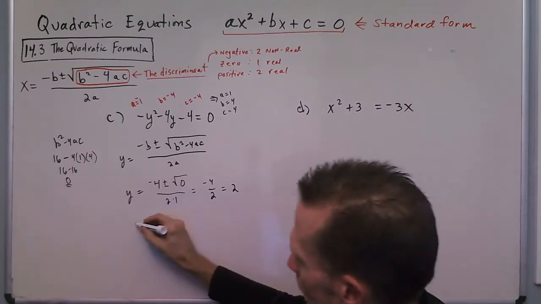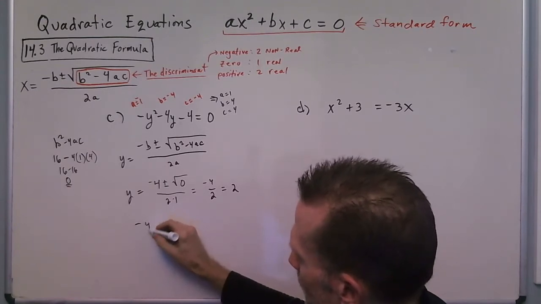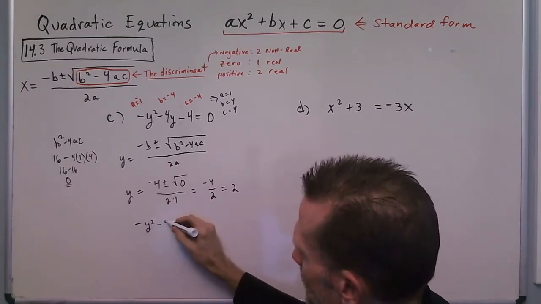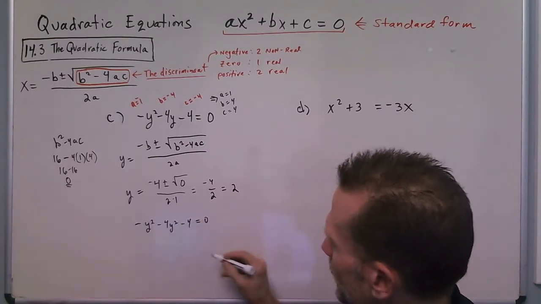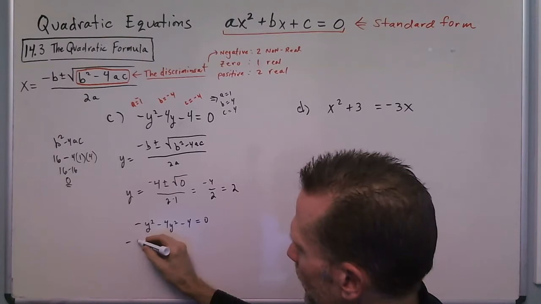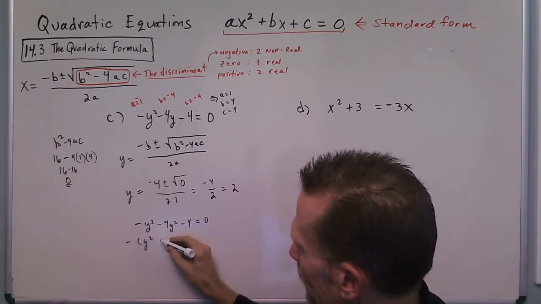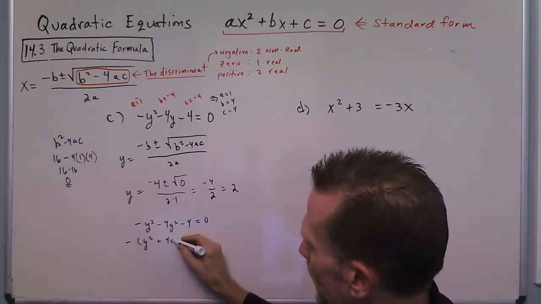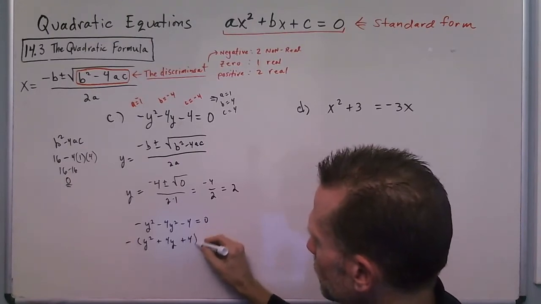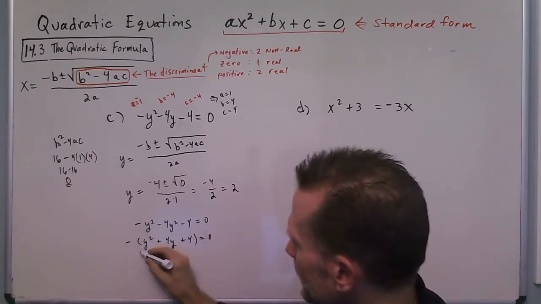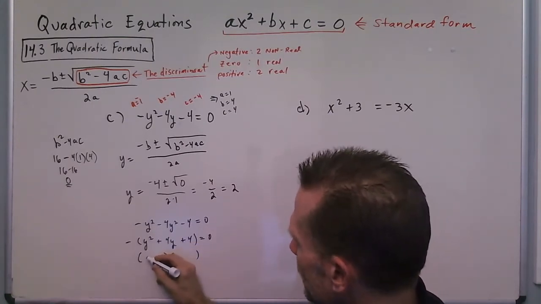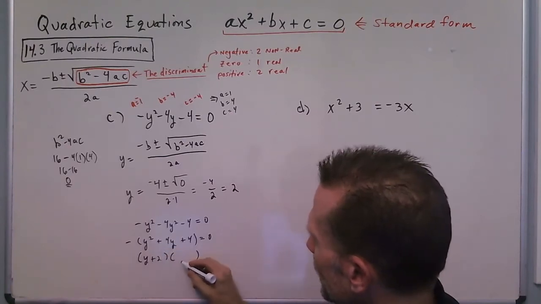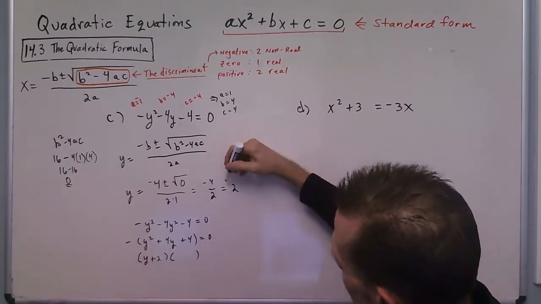Okay. I just want to show you this. If you would have recognized back at the beginning of the problem, and you might have missed this because we're working on the section of the quadratic formula, but if you would factor a negative out of this, we have y squared plus 4y plus 4 equals 0. And then this is actually factorable. So we get y plus 2, and oops, I have an error here.